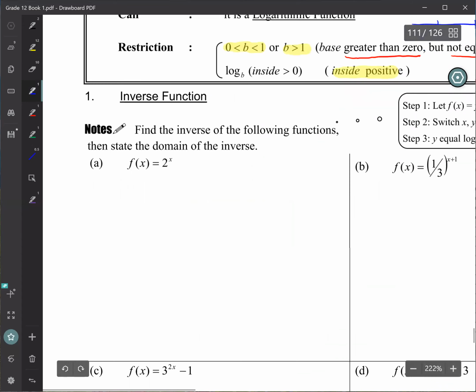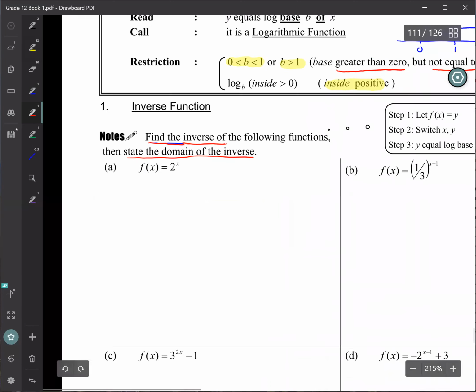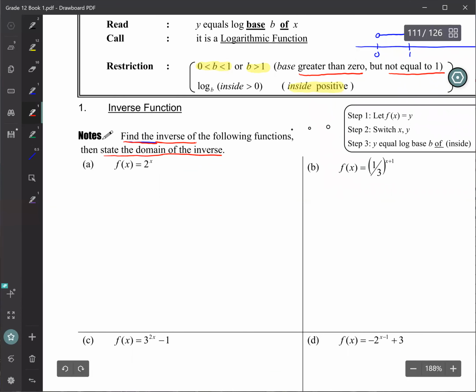So over here, our goal is to find the inverse, okay? Find the inverse. And then state the domain, okay? So domain has to do with the restrictions. Domain of the inverse. So on the right side, you can see the 3 steps already, right? Step 1, let f of x as y. So we'll write it like this, y equals 2 to the x, okay? Step 1.